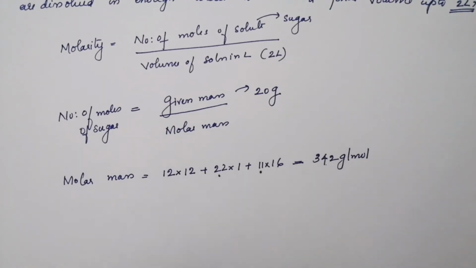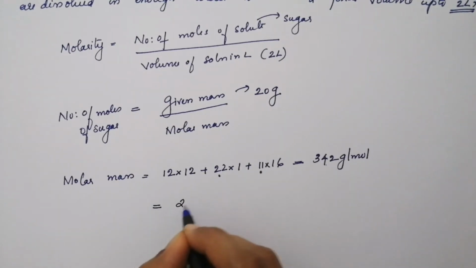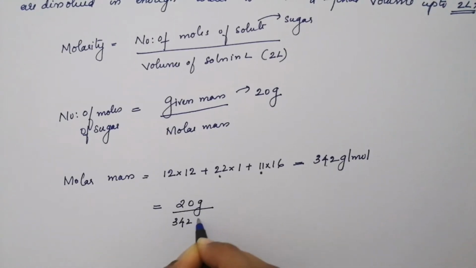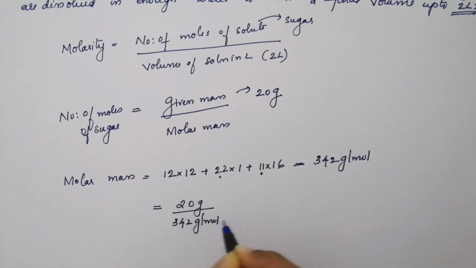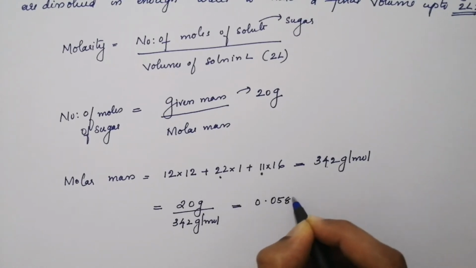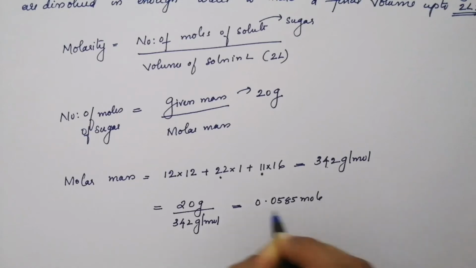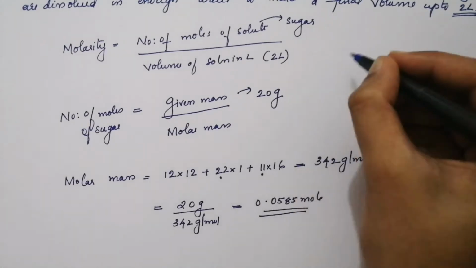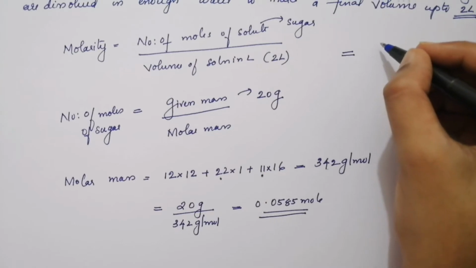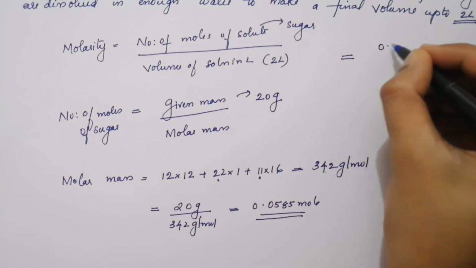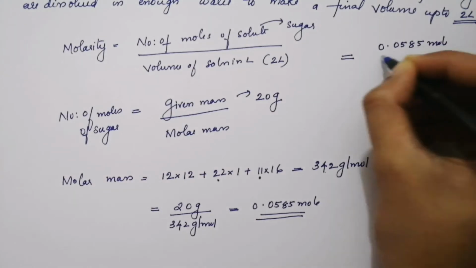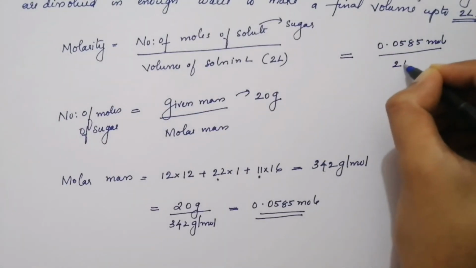Now to calculate the number of moles, we have 20 gram given mass divided by 342 gram per mole. And this is giving us 0.0585 mole. Now, to calculate the molarity, we have calculated the number of moles of solute to be 0.0585 moles divided by volume of solution, which is 2 liter.